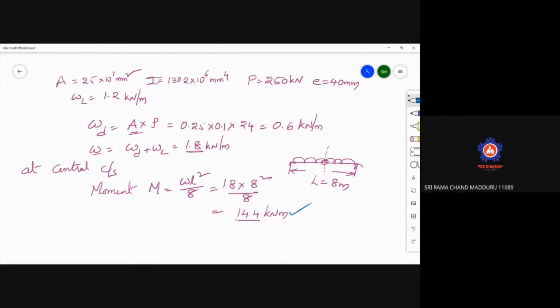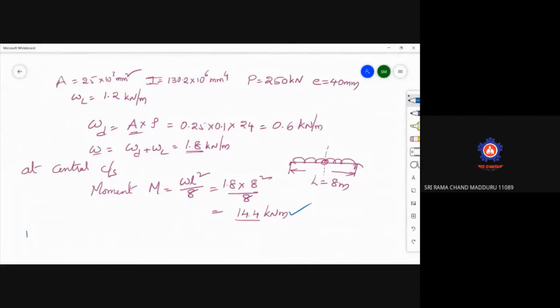Now, after calculating the moment, we need to calculate the resultant stress distribution for the central cross section of the beam. I have drawn the diagrams, but instead of that I will write step by step.